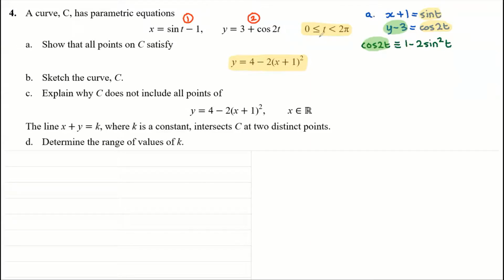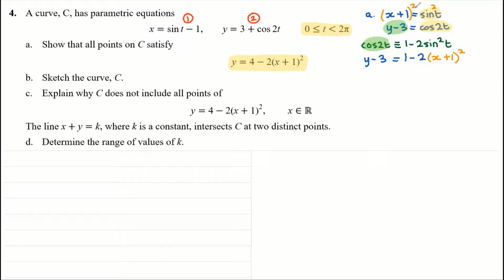So it's not as daunting as perhaps you thought. So we're going to have y subtract 3 equal to 1 subtract 2 lots of, now it's going to be x plus 1 all squared. Simply because if I square sine up here, I have to square all that.